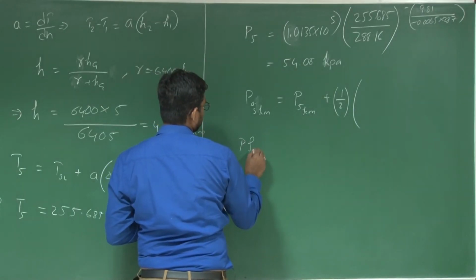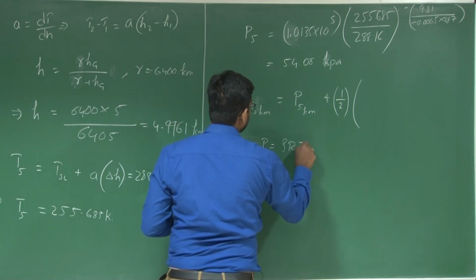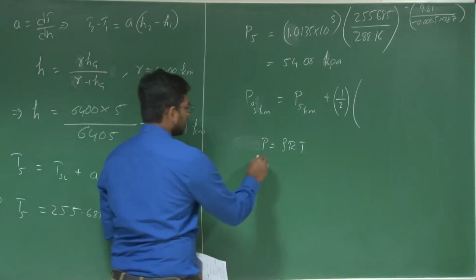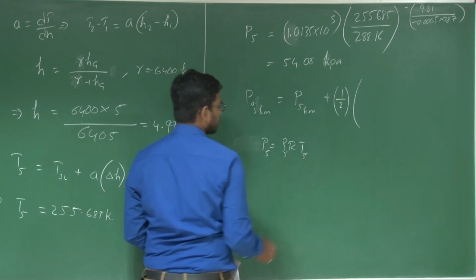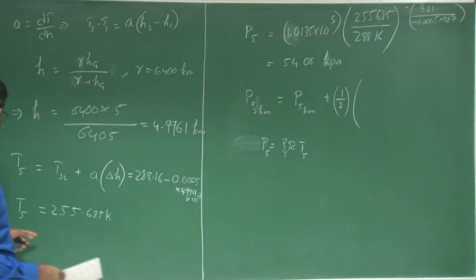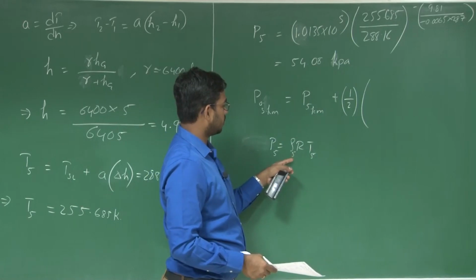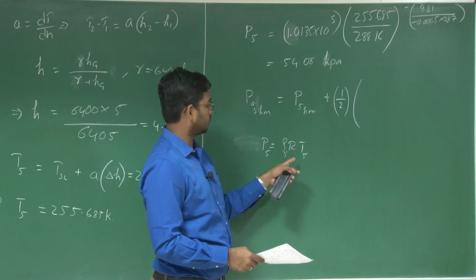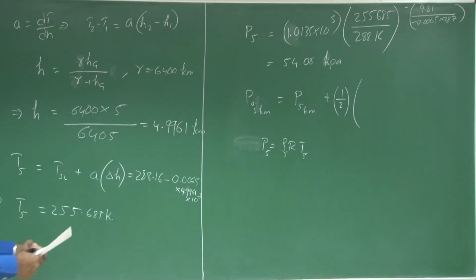P is equal to rho RT, or you can use the gradient layer equation: P at 5 kilometers is equal to density at 5 kilometers into R into temperature at 5 kilometers. You know P at 5 kilometers is 54.08 kilopascals. We have to find the density at that altitude. You know R, and T5 is derived here, 255.685.